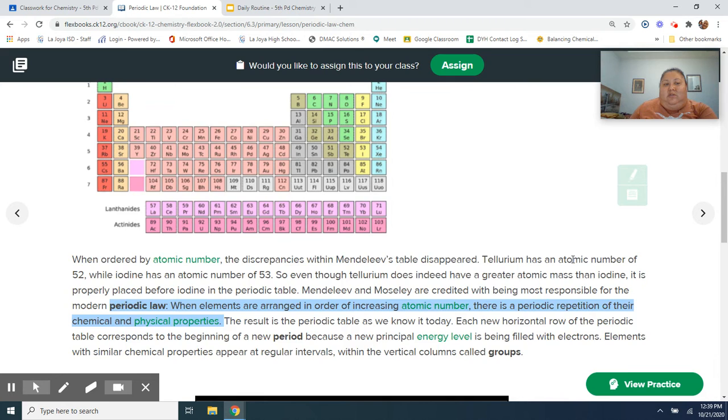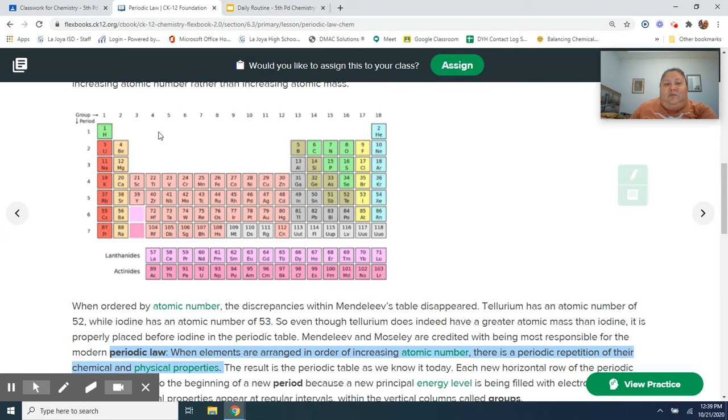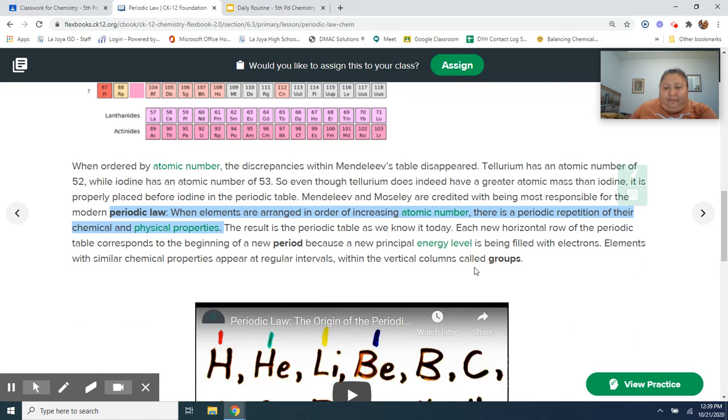So energy level number 1 has a certain number of electrons, and then you have a new energy level in period 2, period 3, 4, 5, 6, and 7. That's one of those repeating patterns that we have.